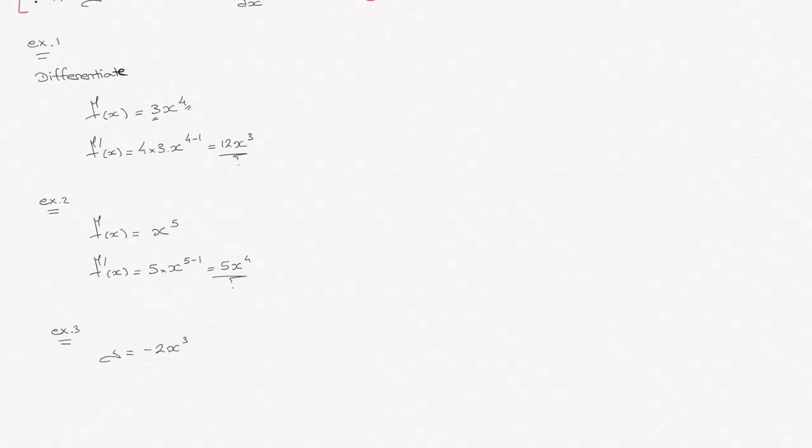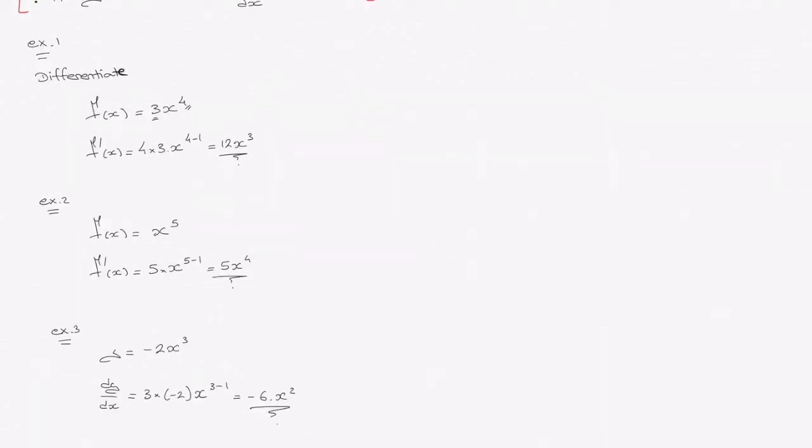To differentiate this, I can go ahead and state that dy dx equals 3 times negative 2 times x to the power of 3 minus 1. 3 times negative 2 is negative 6, and that multiplies x to the power of 2. And there we go.